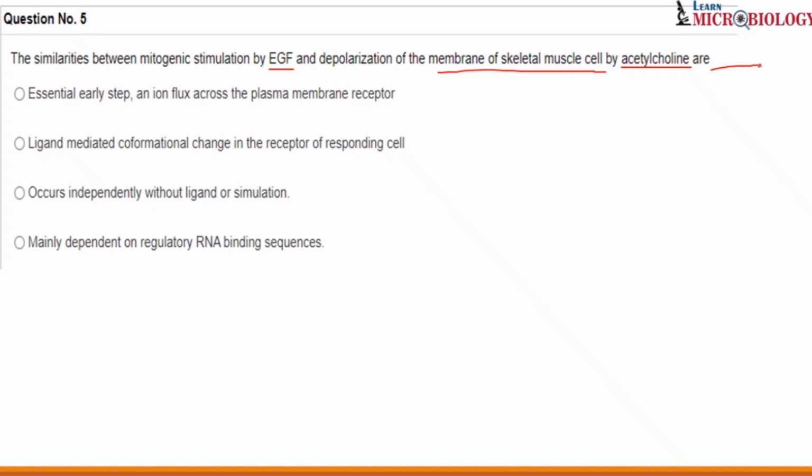This topic usually comes under the signaling pathways of cell biology, which in most biological syllabi, like your microbiology syllabus, you might not have given much attention. If you see such questions, you can easily skip them, because we just have to attempt 60 questions. But here we will just discuss what this means.